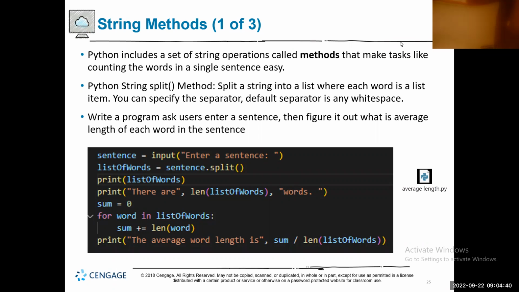So whenever you split, remember that it splits the whole sentence into multiple separate words. By default, if you do not put anything in this one, it will split every word by white space here. But of course, you can define what you want to split on in the sentence here.